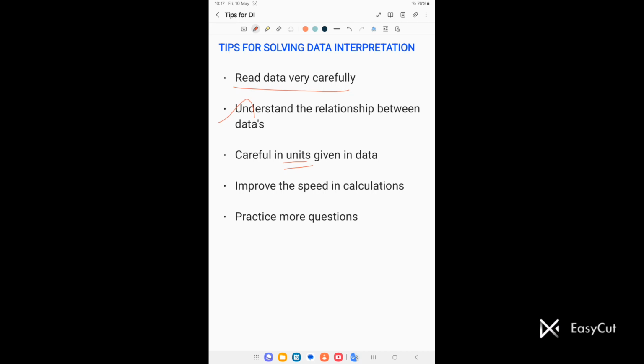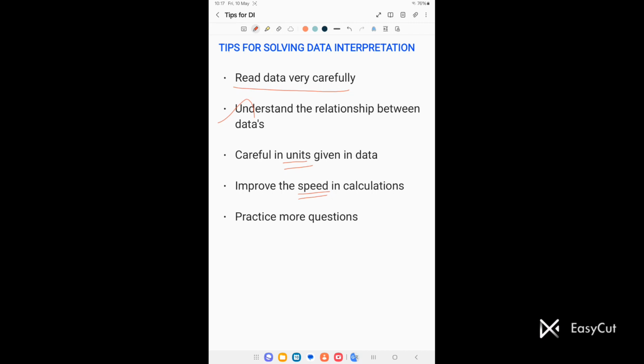And the next thing is we have to improve our speed by doing the calculation in our mind. So we have to increase the speed. Why? Because the entire exam is for 3 hours only, and most probably we will get 5 questions in data interpretation.